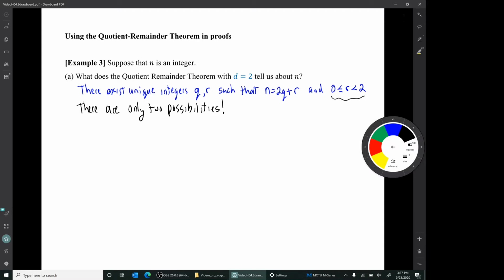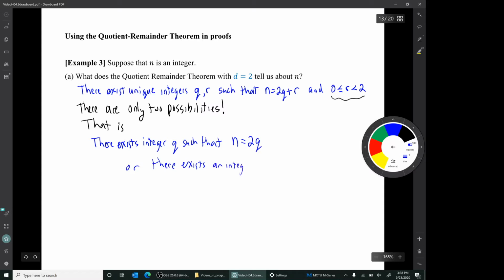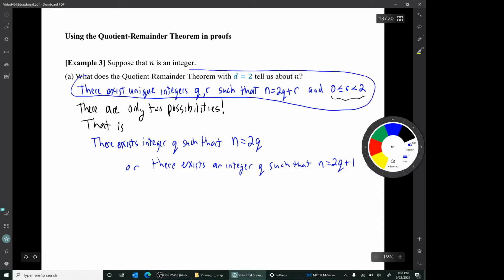So in other words, I can rewrite that blue sentence without mentioning r. I can actually just use actual numbers. So this blue sentence, which mentions the existence of a q and an r that make all that stuff work, can be rewritten so that it doesn't have to use the letter r.